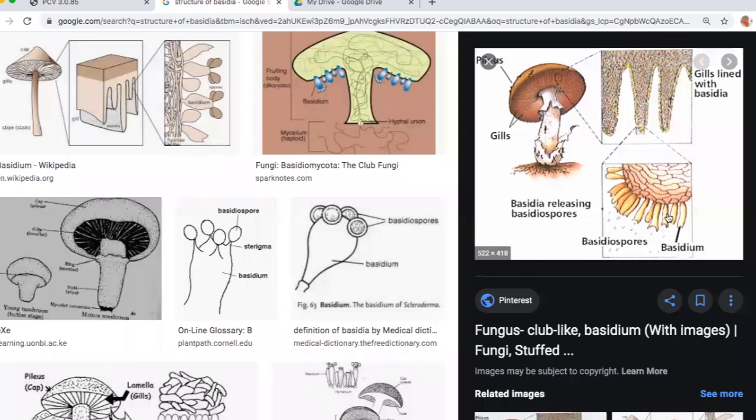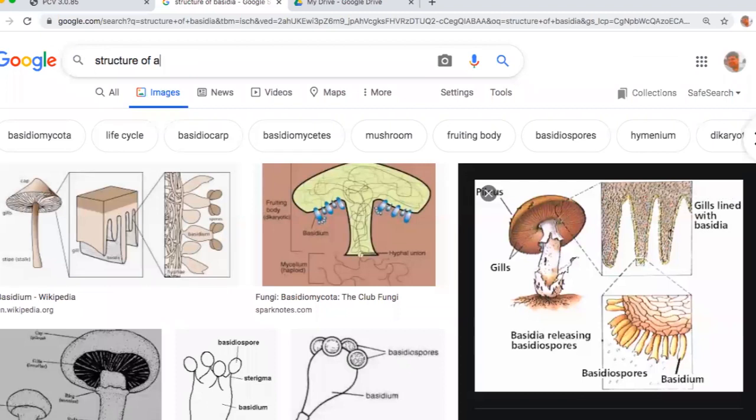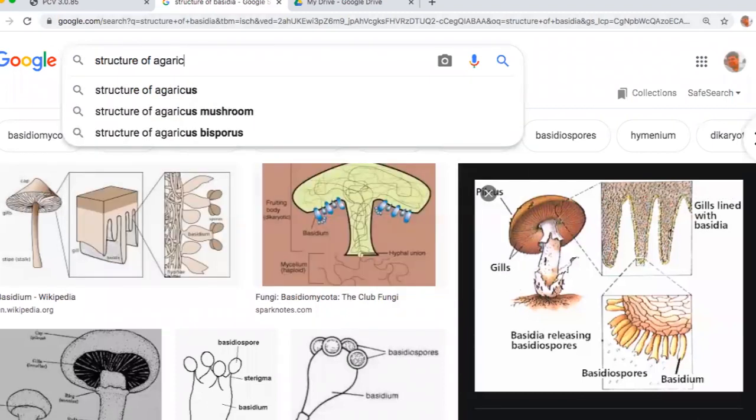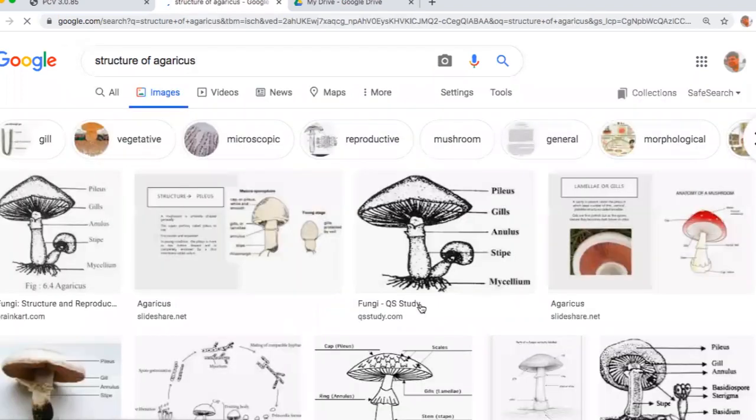There are mushrooms which are poisonous. There are mushrooms which are good also. You eat something, no? This Agaricus. If you are talking about Agaricus structure, let us see Agaricus. Agaricus is the normal mushroom. This is what your Agaricus will look like.